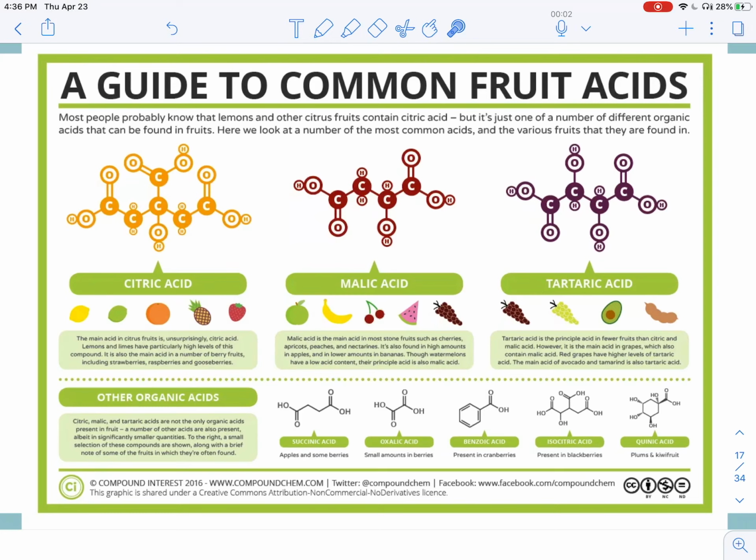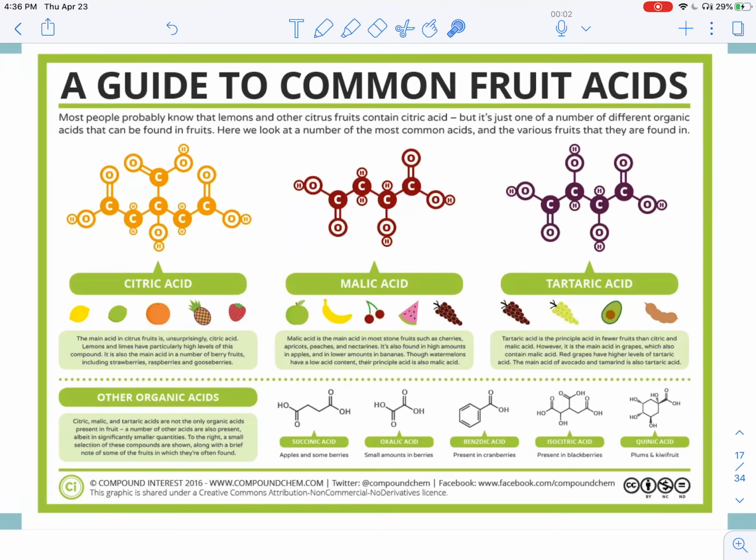So in this structure, we have 1, 2, 3 carboxylic acids in citric acid. So a lot of lemons and oranges, limes, the very acidic fruit, we find this one. So these 3 carboxylic acid groups are 3 ways that make this acidic.